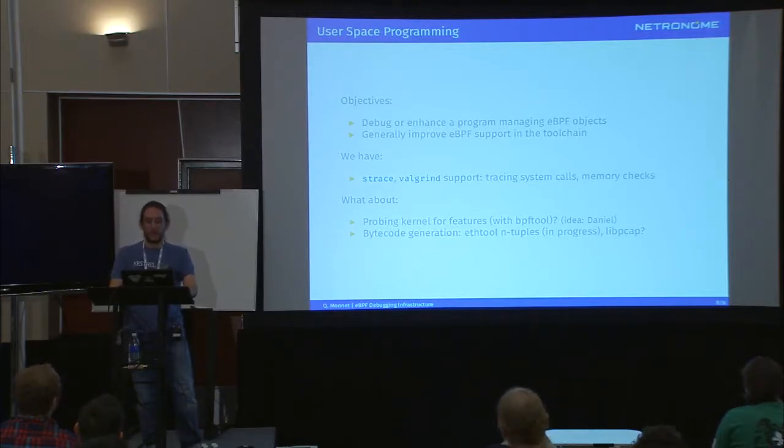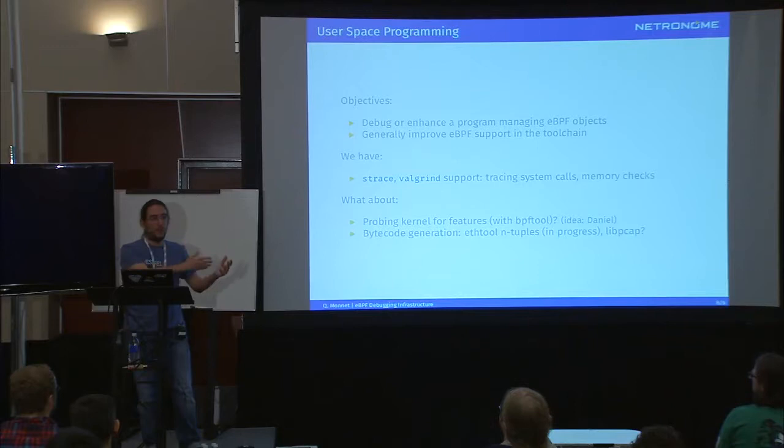We could also imagine adding some new features, not directly related to the system call, but something, for example, to probe what's available on the kernel I'm running. That's something I've discussed with Daniel again, because Cilium tries to probe the kernel for a number of features. For example, I want to use this given BPF helper. Does the kernel support this? Or is my kernel too old? Or maybe I just don't have the right configuration option set at compile time.